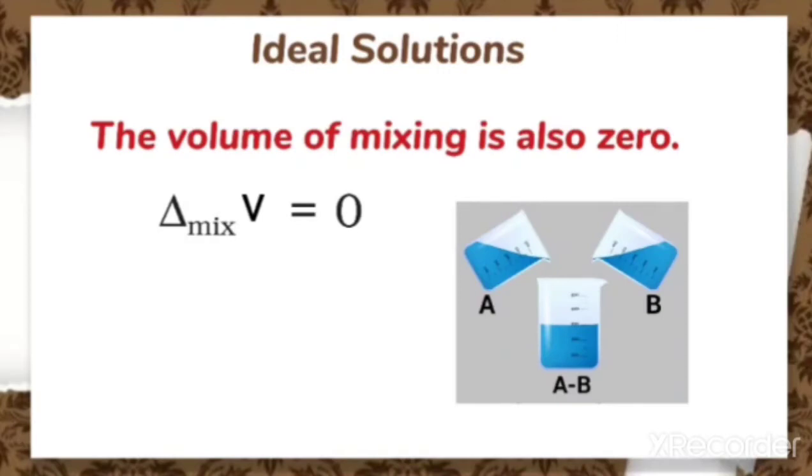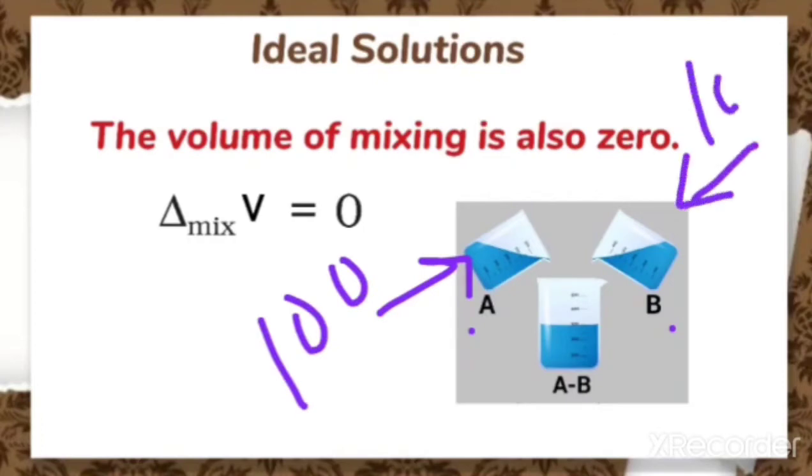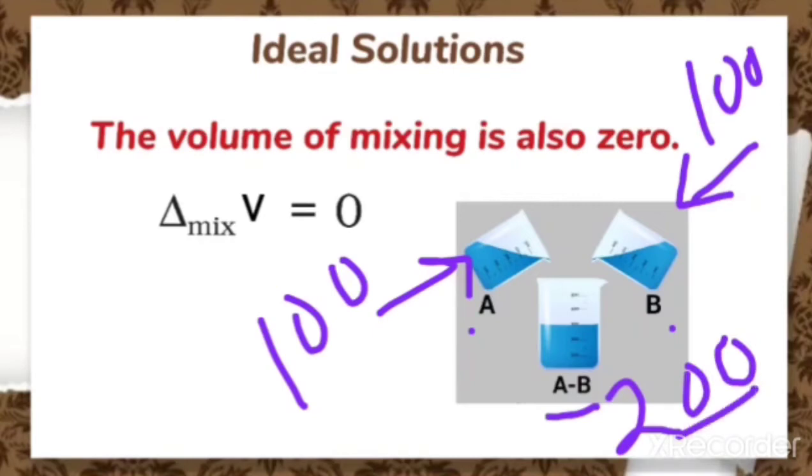Let us take the components A and B, the solute and the solvent. If we take 100 ml of this and 100 ml of that, when we mix them we expect that the solution will be 200 ml. That means after mixing, the volume is exactly equal to the sum of the volumes of the solute and solvent.